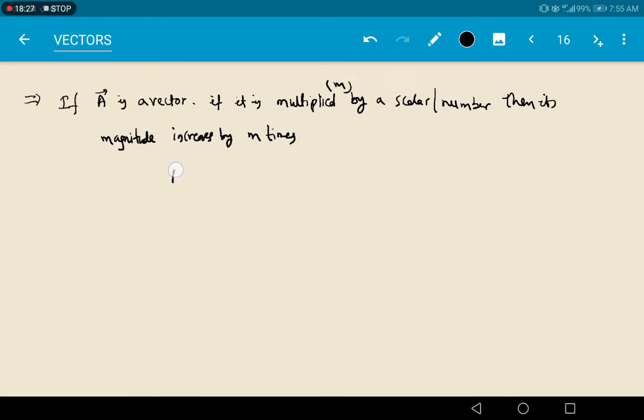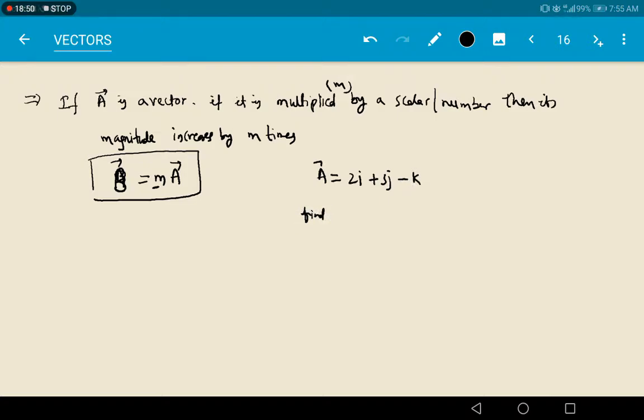That means m a bar, the same vector but the magnitude increases. For suppose I represent it as b bar, so b bar is equal to m a bar. Sir, what does it mean? A vector is given to you, 2i plus 3j minus k.